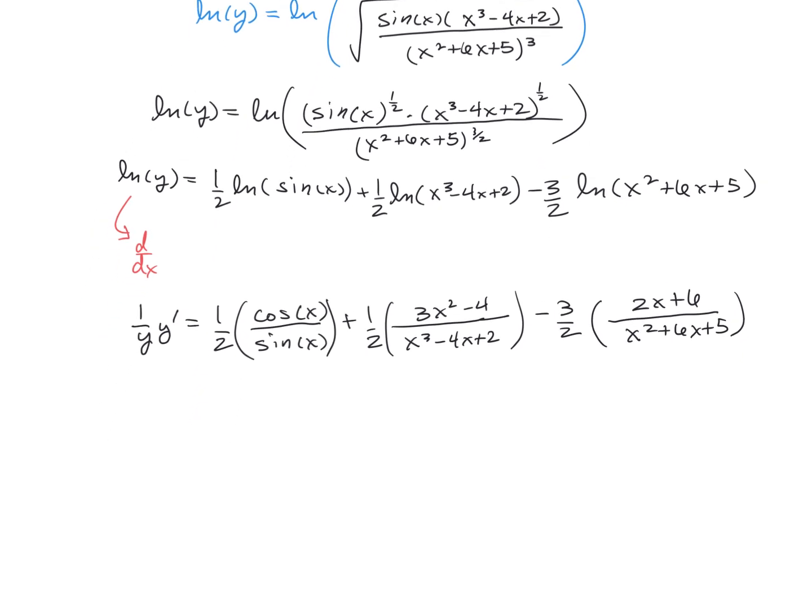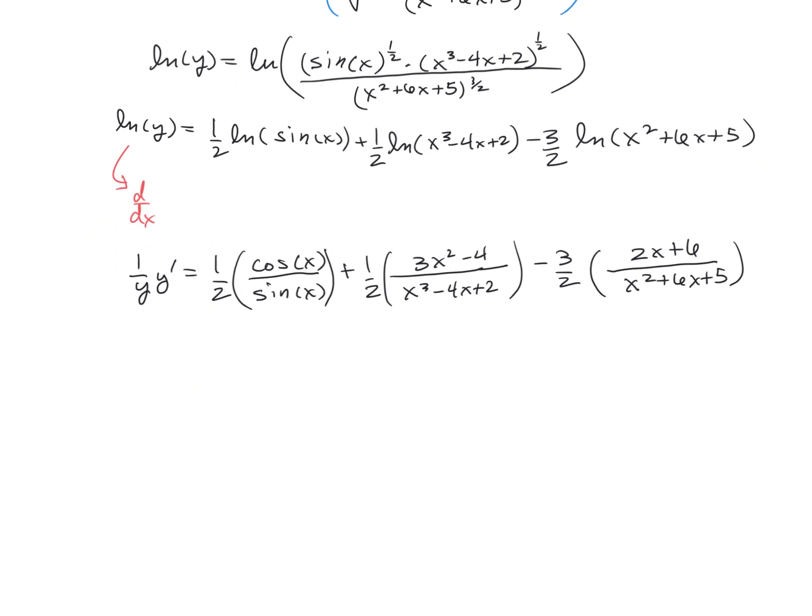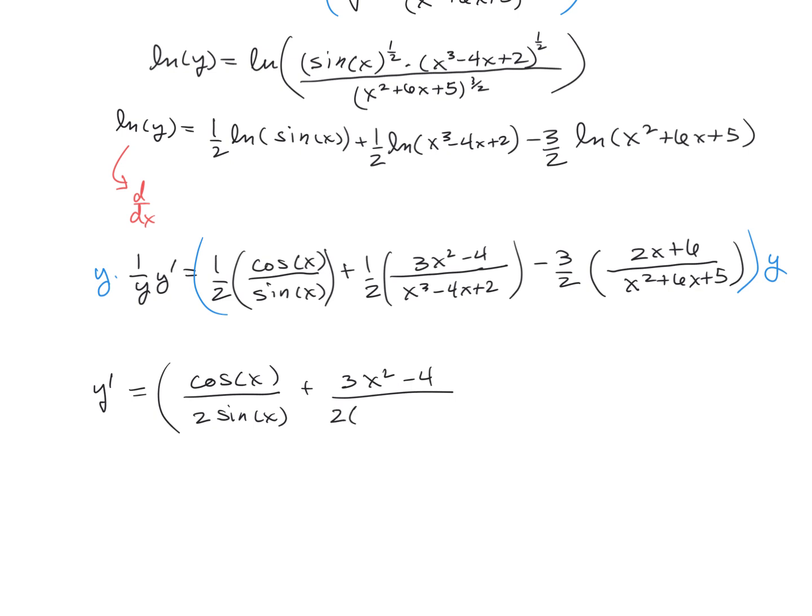And then we can multiply both sides by y. And in doing so, we get y prime is equal to the cosine of x over 2 sine of x plus 3x squared minus 4 over 2 times x cubed minus 4x plus 2.